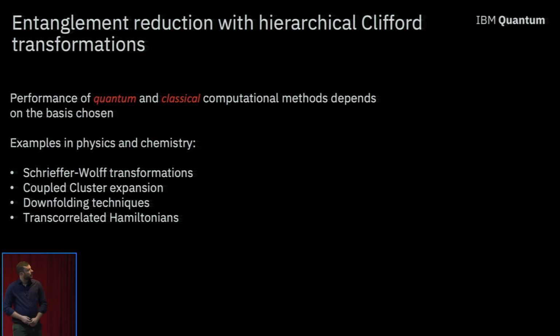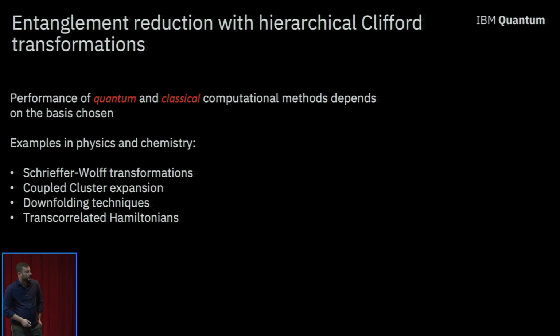Okay, which brings me to the next idea. So there are a lot of classical methods that are able to tell us which parts of the system should be treated with more accuracy, but all these classical methods, like quantum computational tools coming from quantum information, have never been considered to tackle these problems, right?